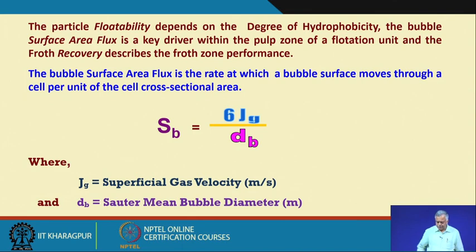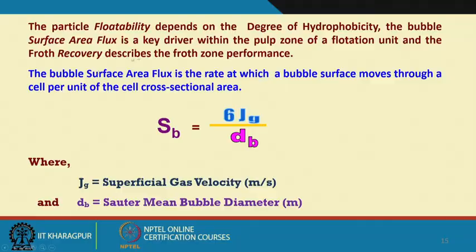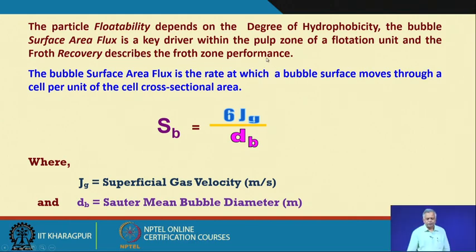The bubble surface area flux is a key driver within the pulp zone of a flotation unit. That means, what is the surface area of your bubble? Is it lesser than the surface area of your floatable materials or more than that? All this. And the froth recovery describes the froth zone performance. That means, the various issues I discussed, we had already discussed during the discussion of frothers.